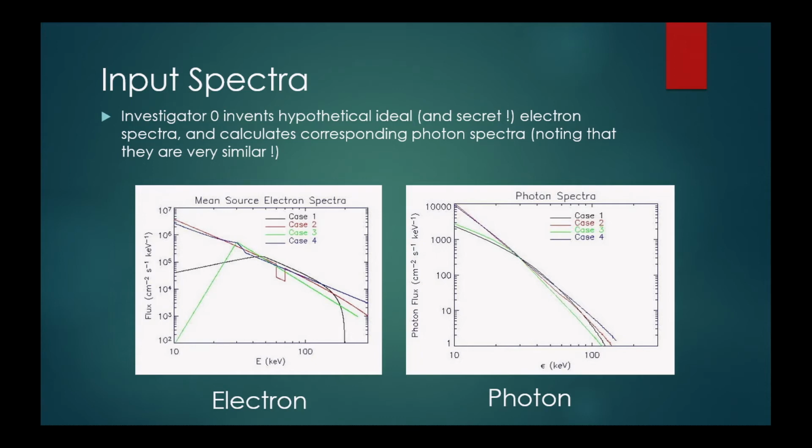I did calculate the photon spectra. I then proceeded to add noise, data noise, consistent with Poisson statistics on a typically flare-sized event with those spectra, and I sent them these photon spectra as if they had just been observed. And I said, okay, folks, calculate the electron spectra corresponding to them, which they did.